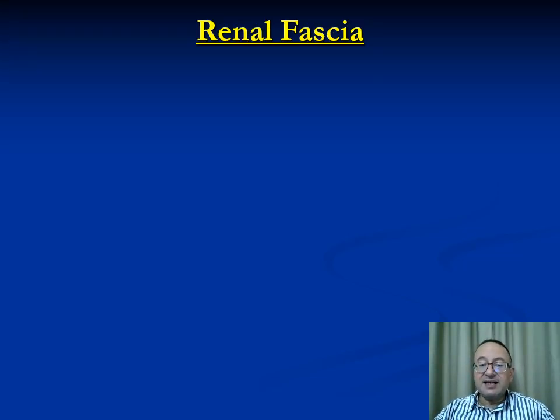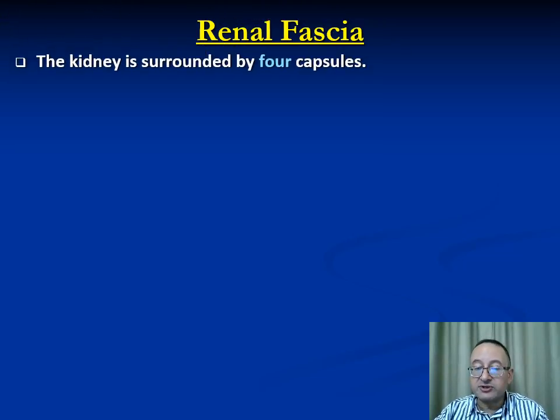What's meant by renal fascia or renal capsules? When we studied the thyroid gland, we said that it has a true capsule and a false capsule. Here the kidney is lucky. It has 4 capsules. What are those?